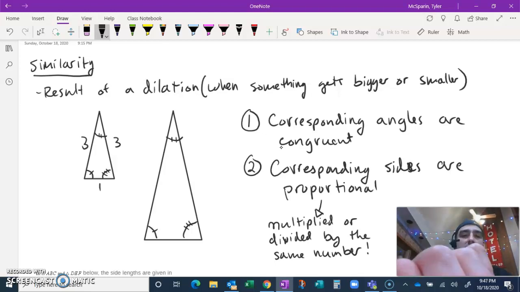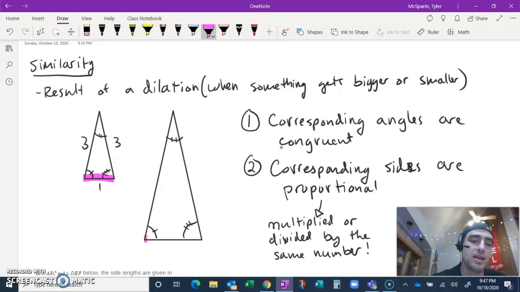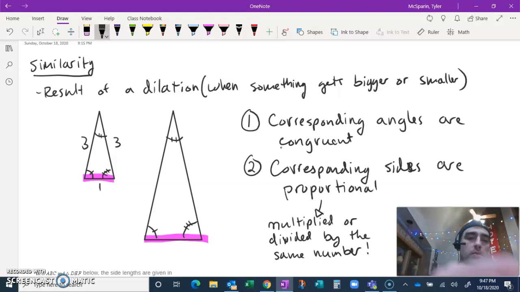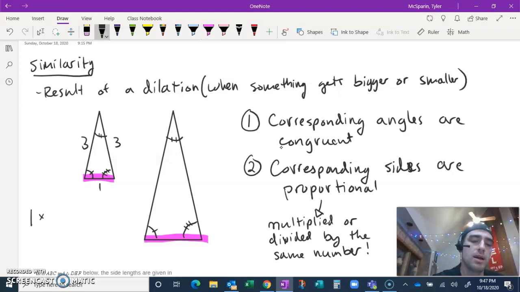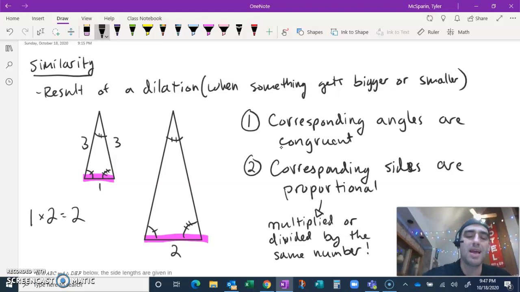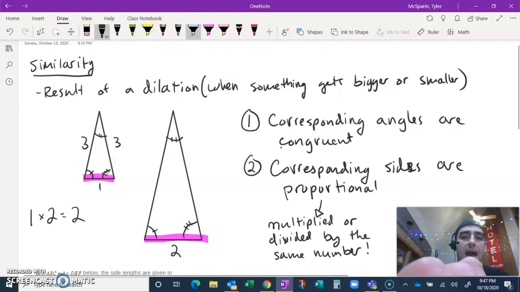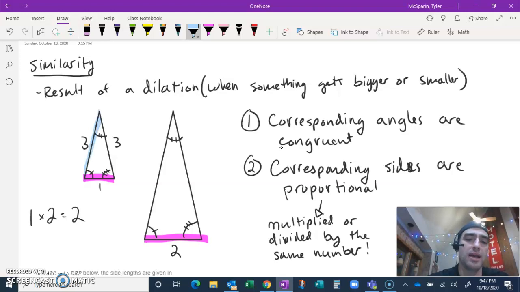Well, that means that let's say I multiplied my pink line times 2. 1 times 2 equals 2. Well, that means that my blue line, I have to multiply by the exact same number for it to be a dilation and therefore to be similar.